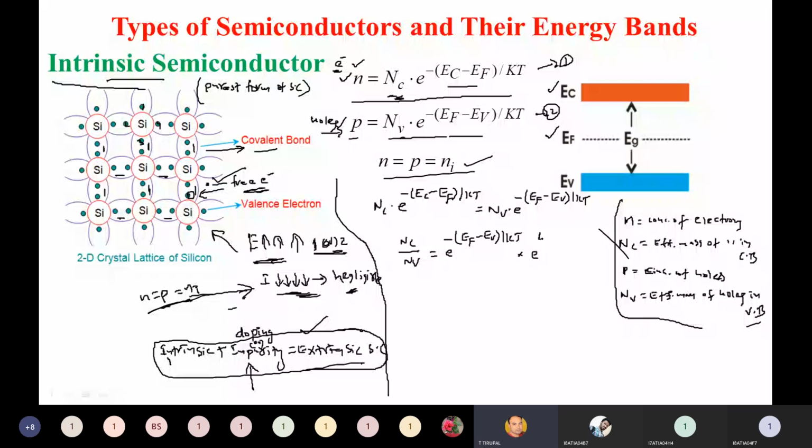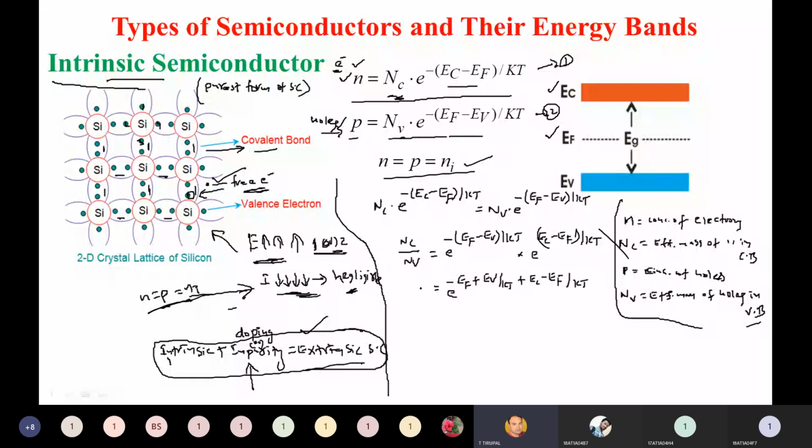That is equal to e power of minus (minus Ef plus Ev) divided by kT plus (Ec minus Ef) divided by kT.